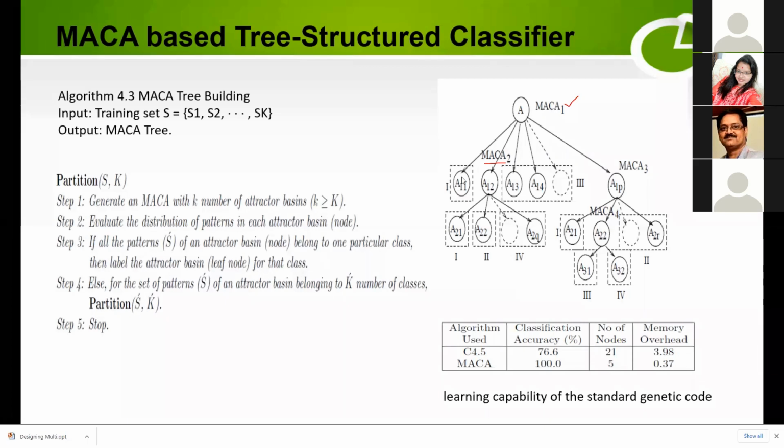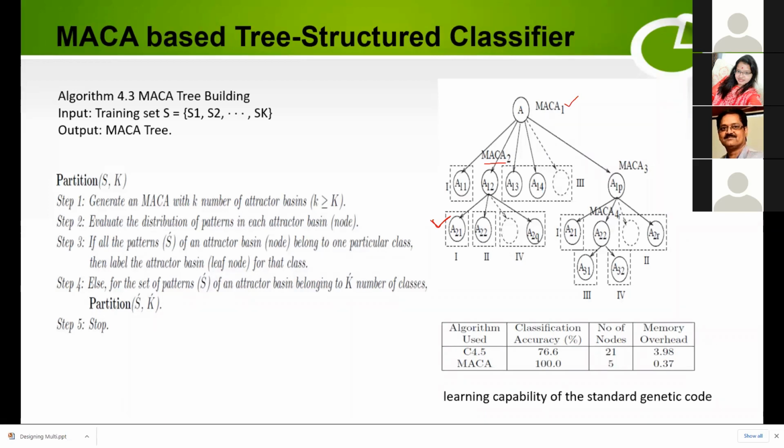But this is the ideal case that we have discussed till now, and it is not always possible that an attractor will identify all the data from only one class. In real life, this scenario occurs: the attractors identify different numbers of data from different classes.